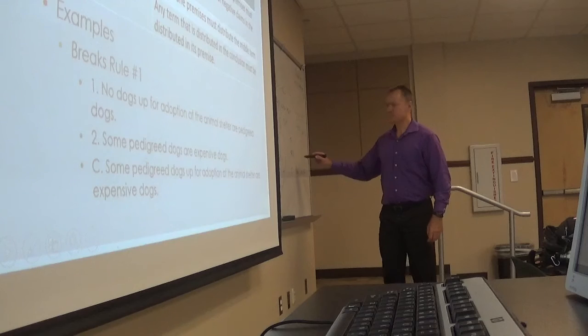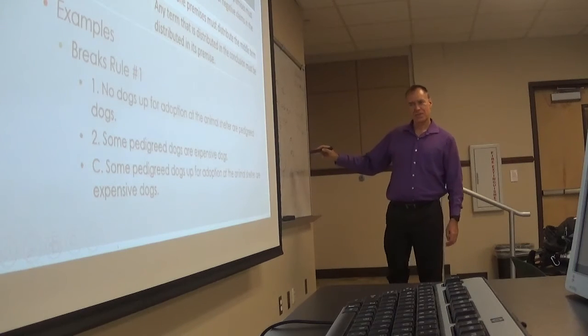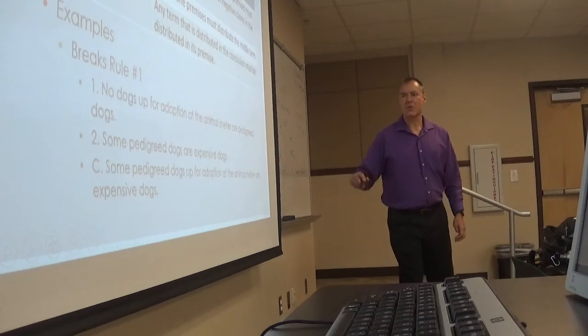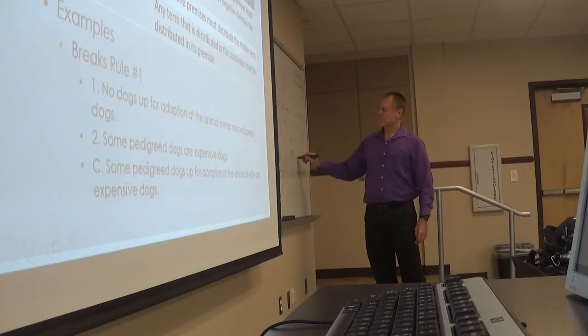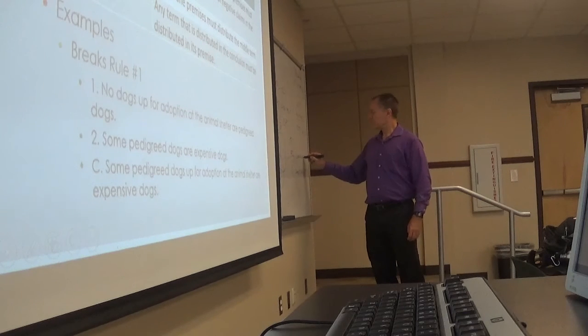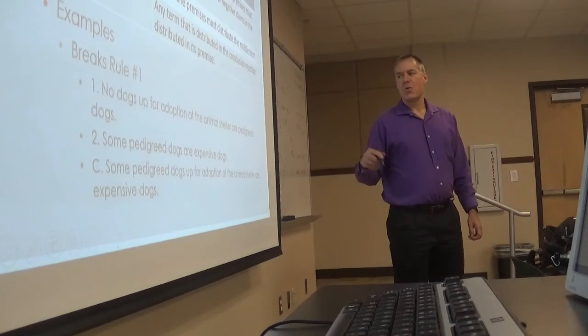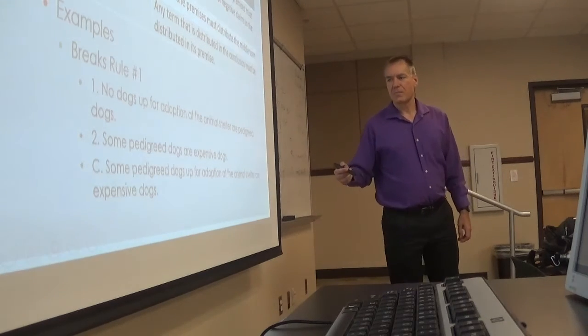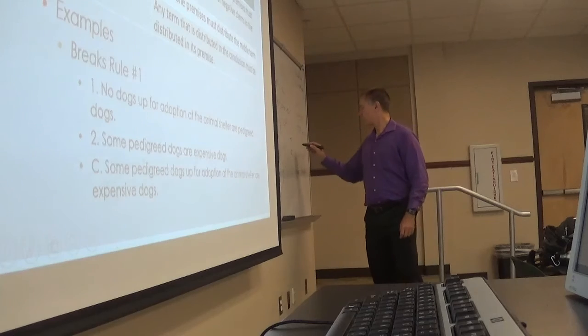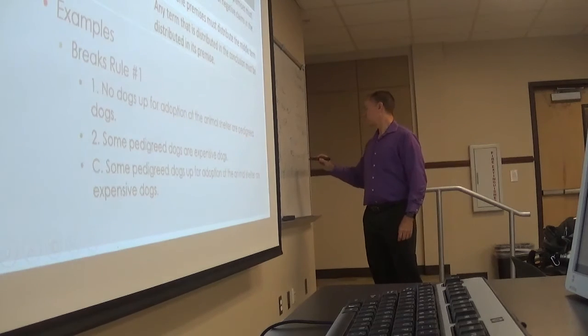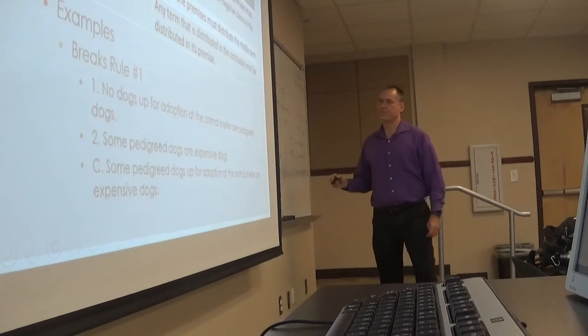So that would be expensive is P, so some M are P. And then our first premise is no dogs up for adoption are pedigreed, so no S are M.